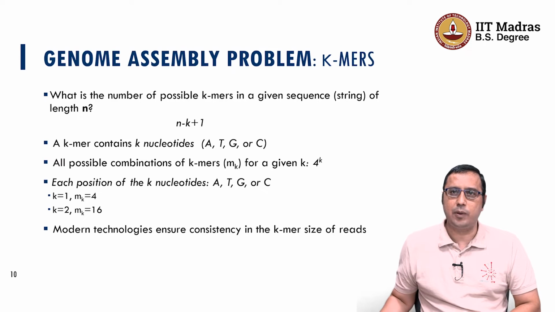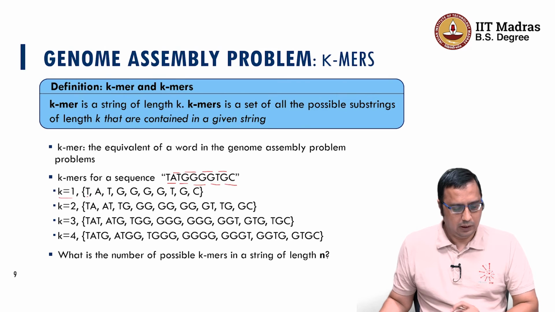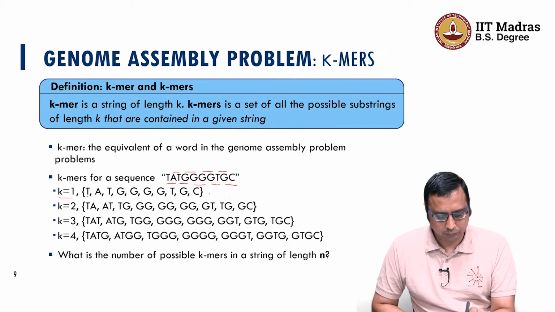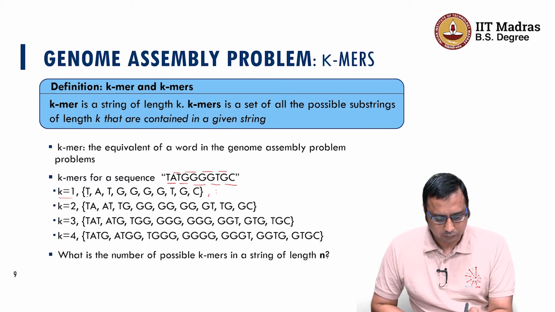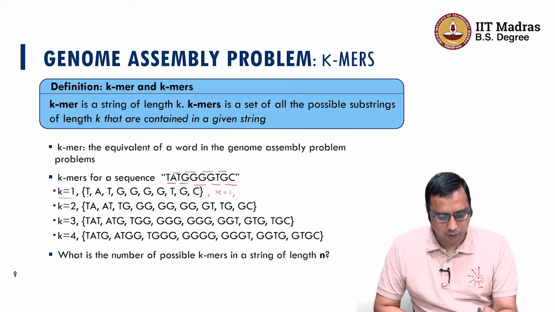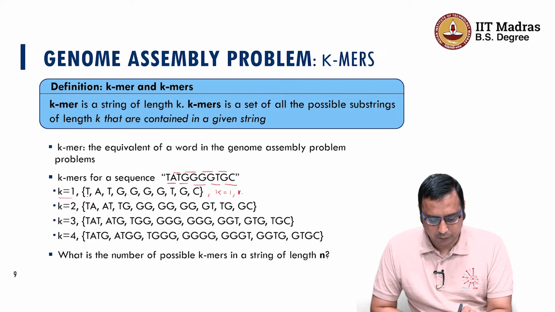Let's go back to the previous slide and verify that. Here the sequence length is 1, 2, 3, 4, 5, 6, 7, 8, 9, 10. So n is equal to 10.